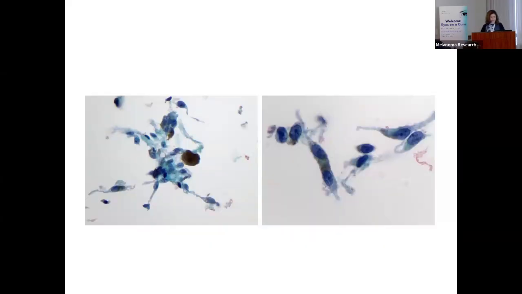And at higher magnification, this pigment is really obvious in this tumor. And then our spindled cells here, and here's one that has the blue nucleus, and the little pinpoint darker blue spot in there is the nucleolus. So that's also helpful. Melanoma cells often have nucleoli that you can see.